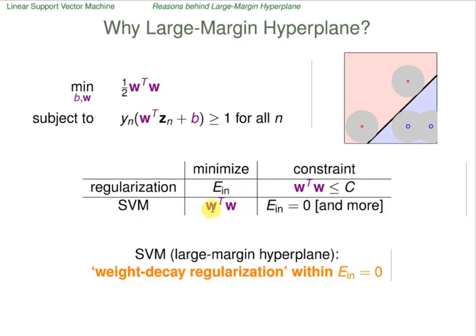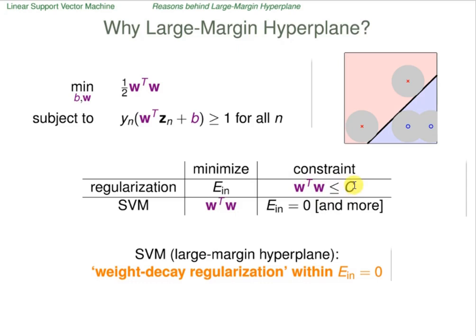So we are minimizing the weight, which is somehow associated with maximizing the margin. While in a general regularized problem, we minimize in-sample error subject to controlling the complexity of the hypothesis, represented in terms of the weights, right?